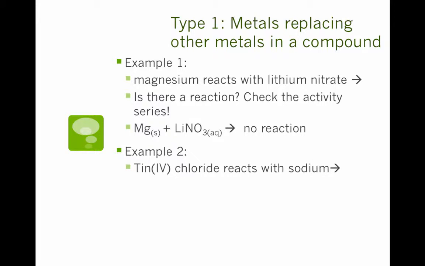Another example, tin chloride reacting with sodium. If you check your activity series, let's see if there's a reaction. And there is, absolutely. Sodium is higher than tin on the activity series, so therefore it replaces tin. Sodium replaces tin in the reaction, producing sodium chloride and solid tin metal.